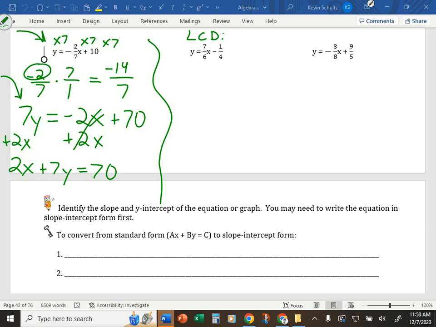Or, put another way, what's the smallest number that both 6 and 4 can go into? I won't say 2, because 2 goes into 6 and 4. What's the smallest number that 6 and 4 can go into? 12. Okay? If you count by 6s and you count by 4s, 12 is the first number that shows up in both lists.